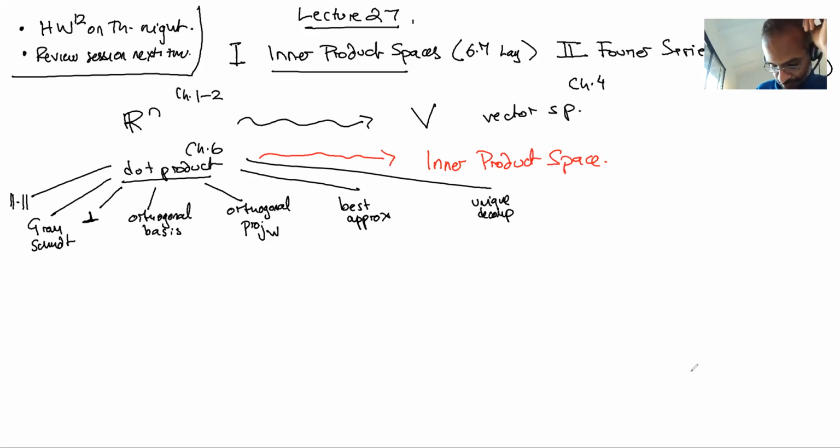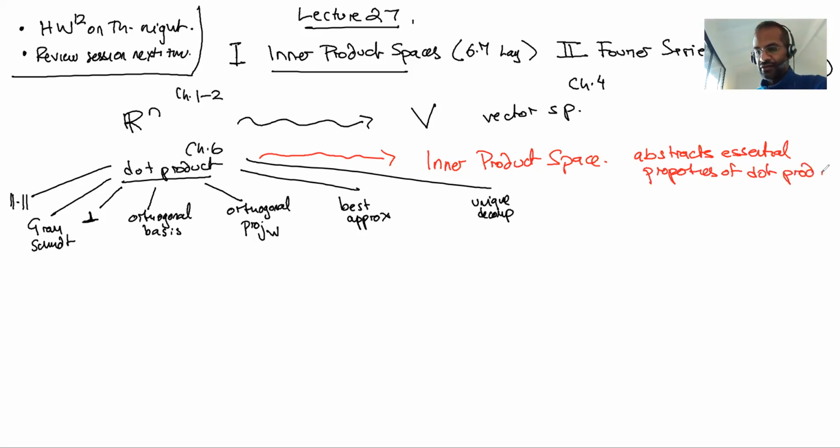And we're going to follow the same procedure that we did in chapter 4. We're just going to abstract the essential properties of the dot product. So let me tell you the definition. Maybe I'll make a new page.